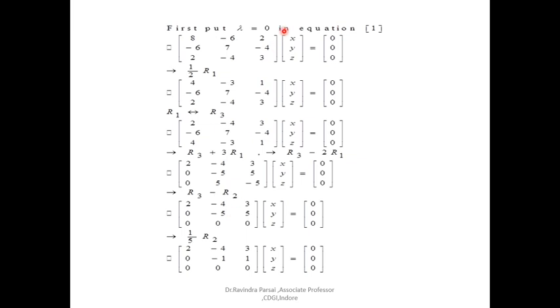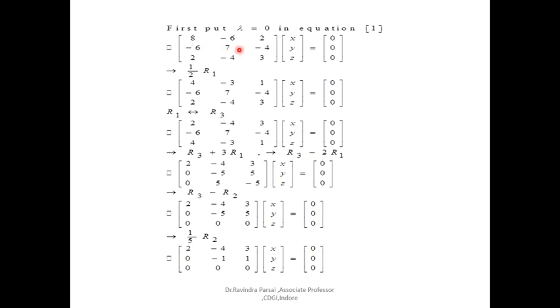First of all we put lambda equal to 0 in equation number 1. Then you get [8, -6, 2; -6, 7, -4; 2, -4, 3] times [x, y, z] equal to [0, 0, 0].